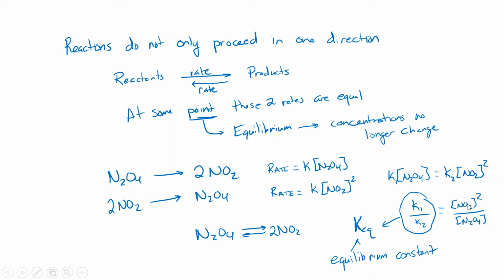Notice that this is the concentration of the product, NO2, over the reactant, N2O4. So KEQ is our new constant. This is the thing we're going to be focused on for this entire chapter. KEQ is an equilibrium constant. And we have some rules about equilibrium here.